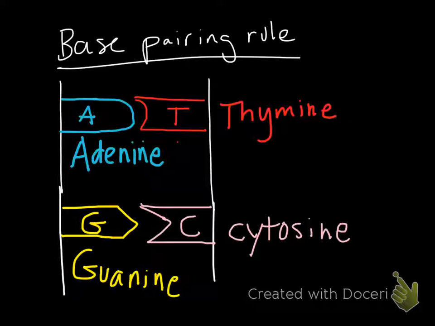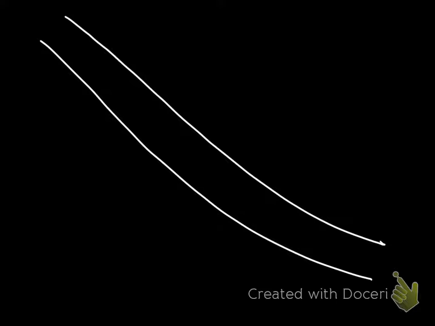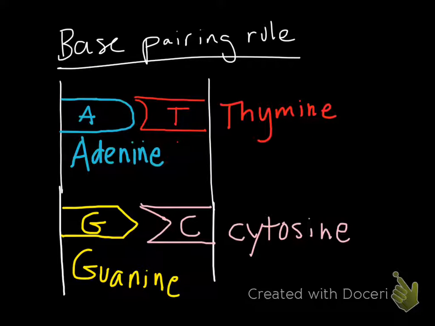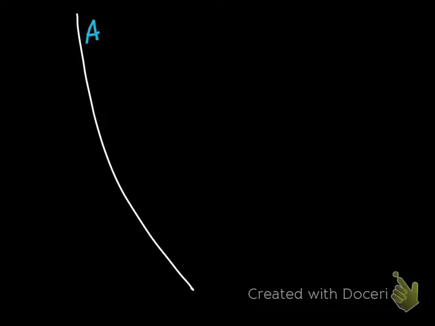Convenient. So what we start to see is that an entire strand of DNA, that long, miles-long ladder, I made that too small. I did A in red.